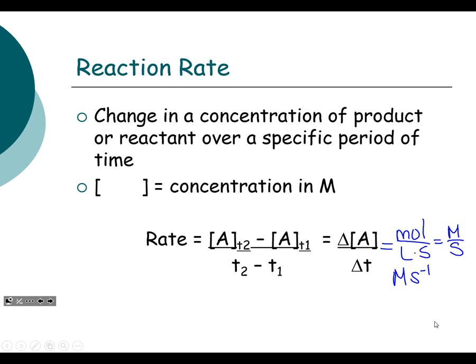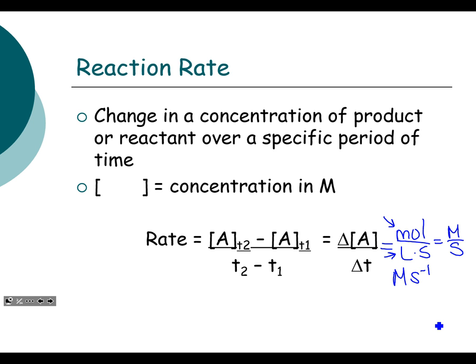Unlike equilibrium, where we very rarely had a unit, we're going to have a lot of units in this chapter, and you're going to have to maybe do a little bit of unit analysis to keep them straight. The unit on top is molarity, so that's where we get the moles over the liters. And then also on the bottom, we're going to have our seconds.